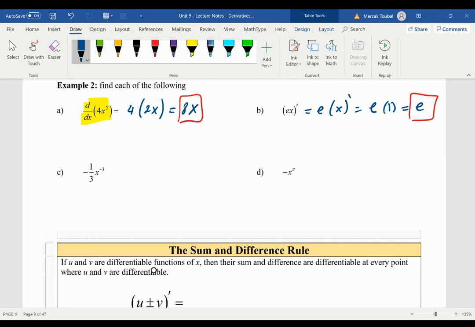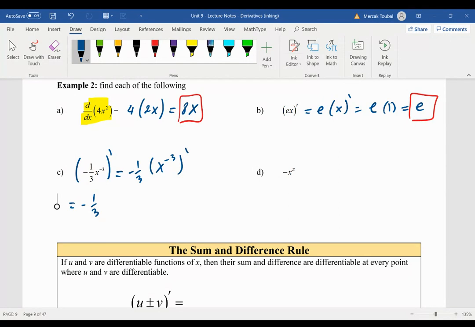Example C, derivative of negative 1/3 times x to the negative third. So when we take the derivative, looks like this is missing something. So the question should be, let's do something like that. That's the question. It's missing the derivative. So let's hold on to the 1/3 and then take the derivative of x to the negative 3.